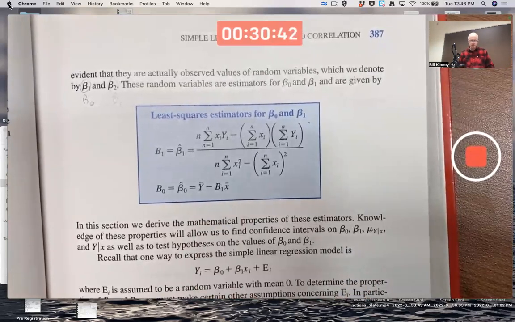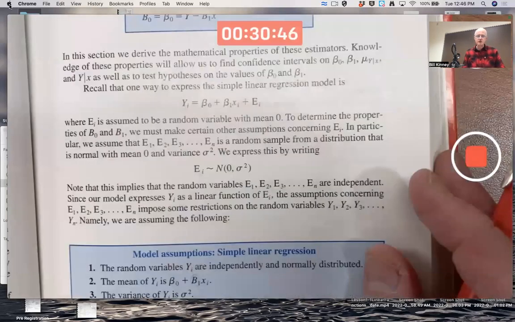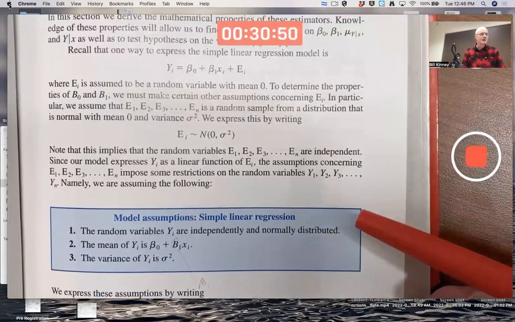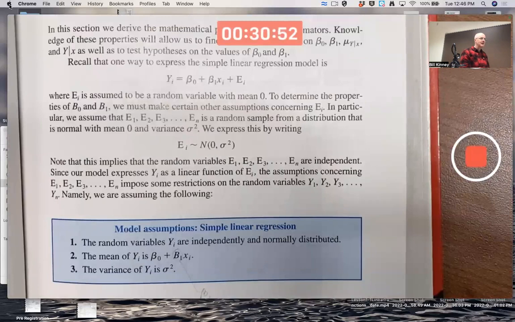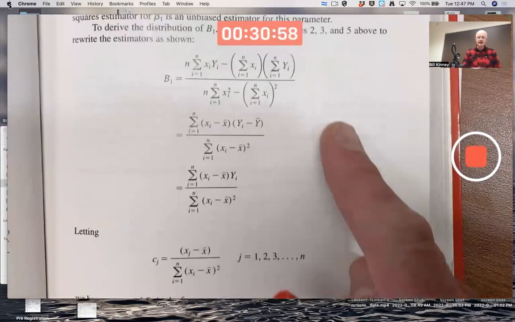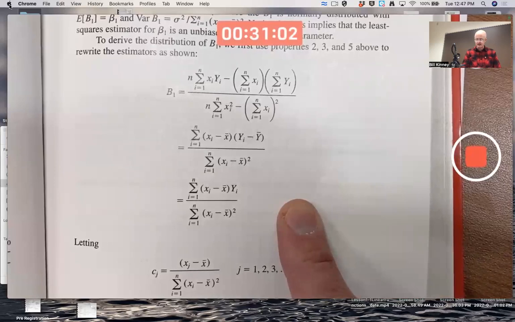From these formulas, and from these model assumptions, which are related to what I was talking about 15 minutes ago, you can do a whole bunch of theoretical calculations that come up on the next couple pages, including crazy looking calculations like this. Actually, this is not much different than what I just did.